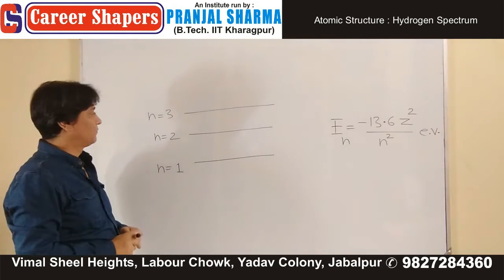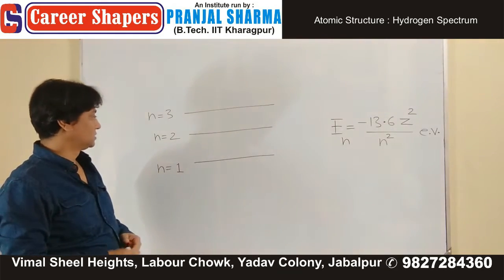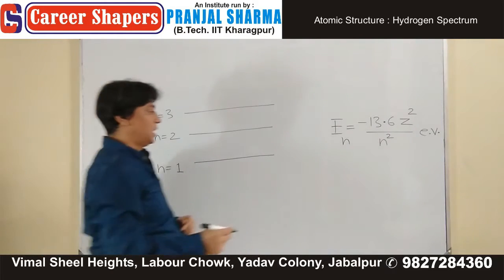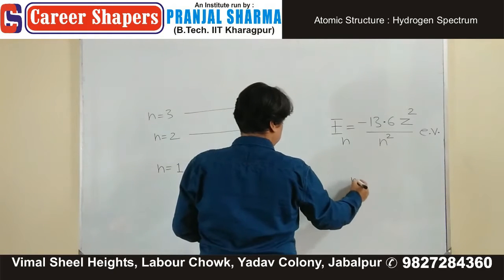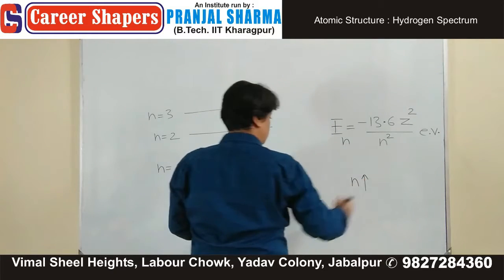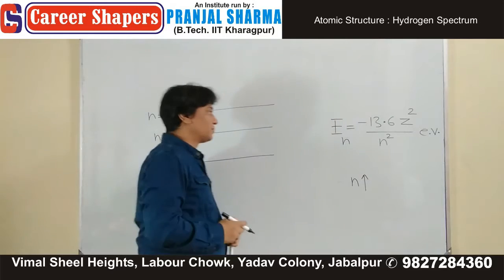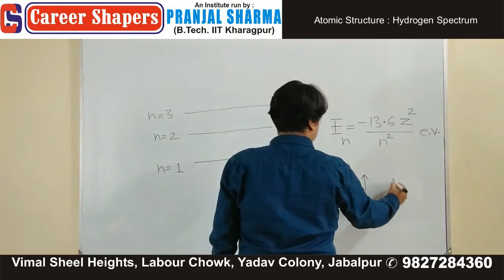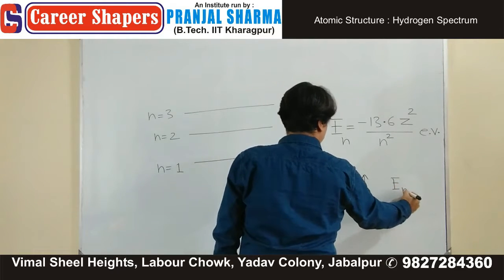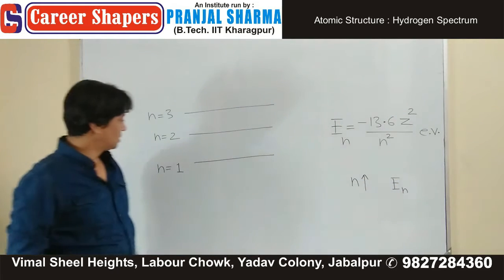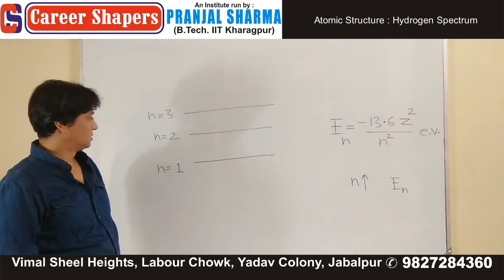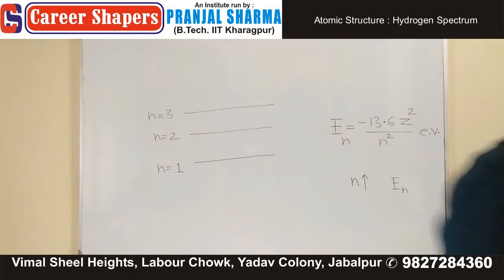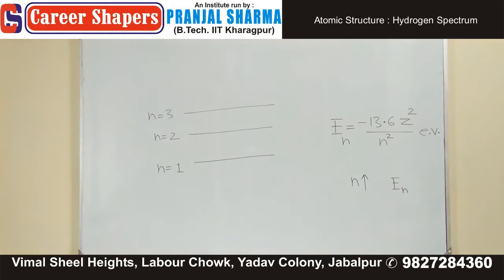Total energy of the electron increases or decreases? Write down fast in the comment box. As we increase N for a given Z, then what happens to the energy part? Does it increase or decrease? Try to answer this elementary thing fast in the comment box.